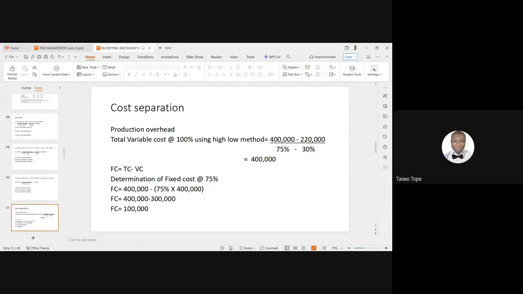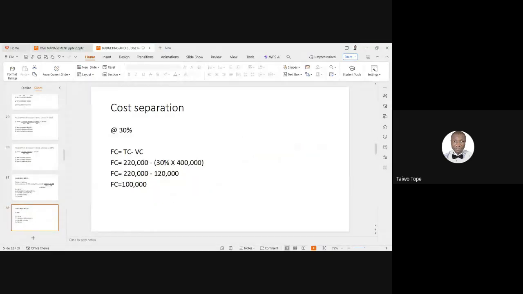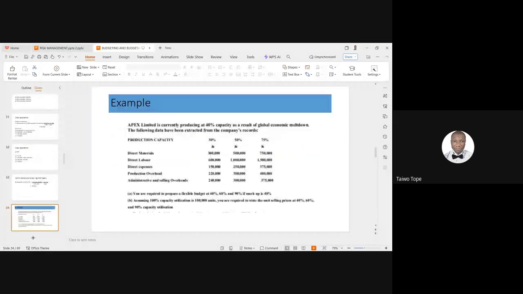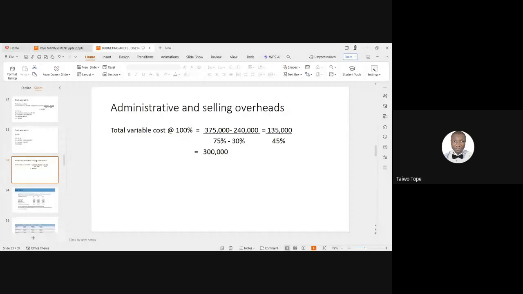Okay, fine. So now we need to move to the business, what they want us to do. These are workings that will form our table. So we need to prepare our flexible budget at 40%, 60%, and 90%.